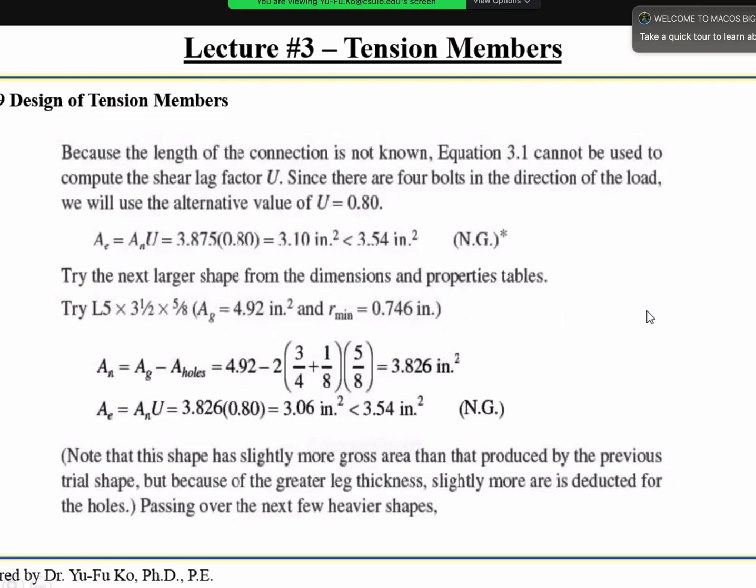Professor, I had a question. Going back to the manual, when we were choosing r, you said we're using the axis Z-Z. So are we choosing the minimum of the r versus the Y-Y, or how are we choosing that?